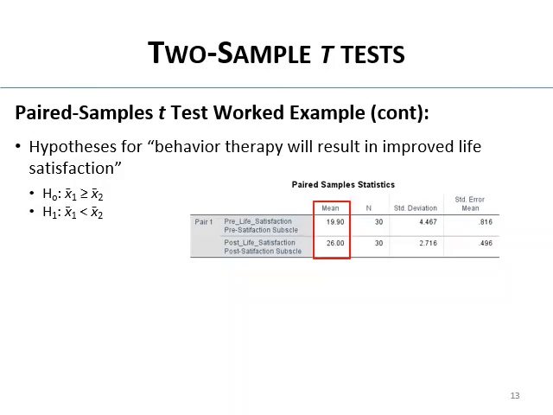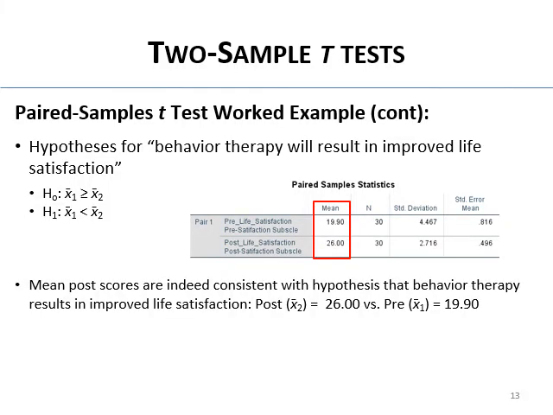There's our means, and you can see that at the start, pre-therapy, their average life satisfaction was 19.90. After they got their life satisfaction training, it was 26. So it went up, what is that, 6.1 points. So the mean scores are indeed consistent with the hypothesis that behavior therapy resulted in improved life satisfaction, right?